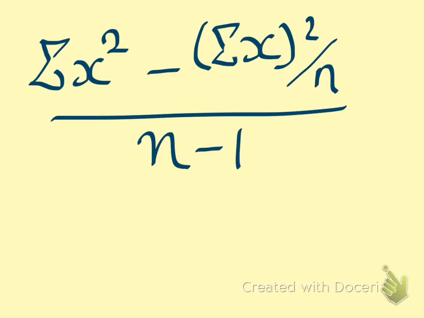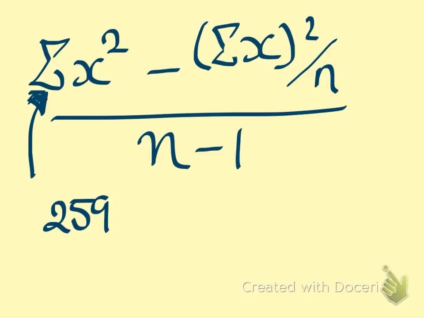Okay, so we know that our sum of x squareds is 259, and that is all of our observations squared and then summed.